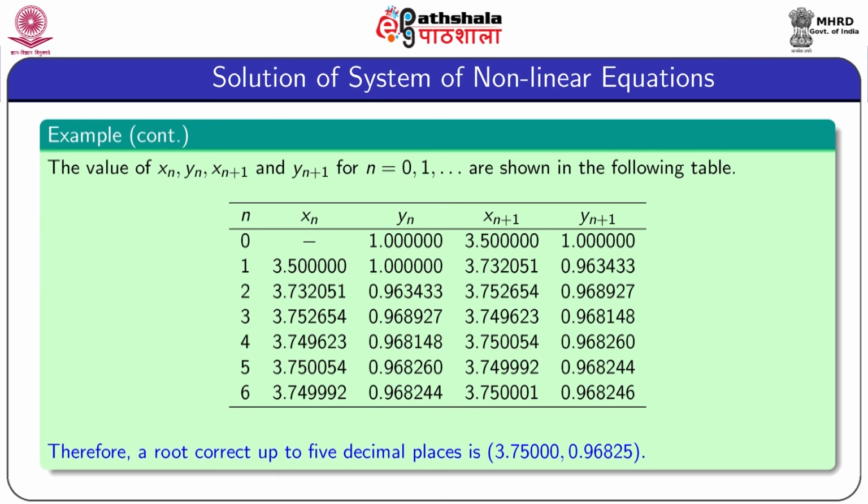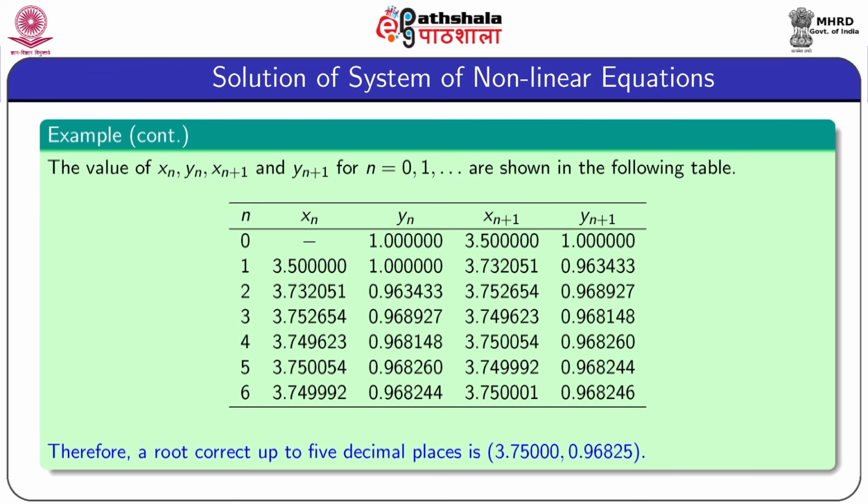Therefore, a root correct up to 5 decimal places obtained by the Seidel iteration scheme is 3.75000, 0.96825. So, this is the root correct up to 5 decimal places, and the number of iterations used in the Seidel method is 6, and the number of iterations used in the fixed point iteration method is 11.